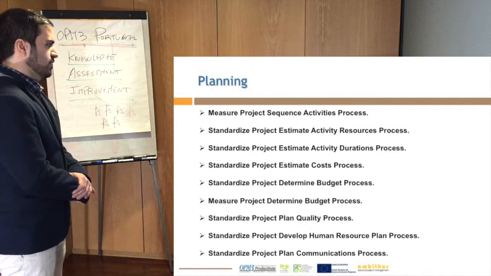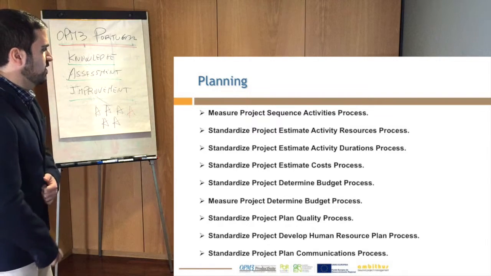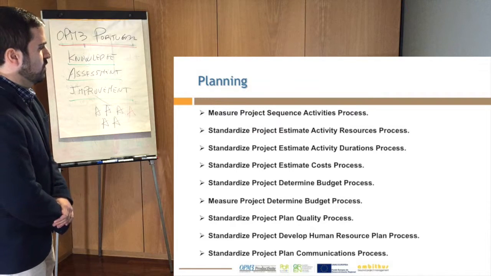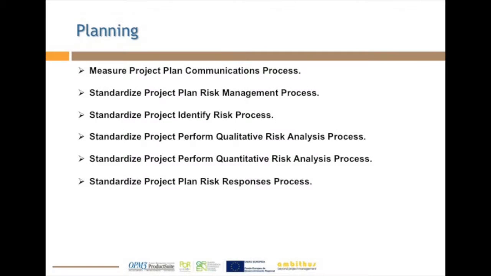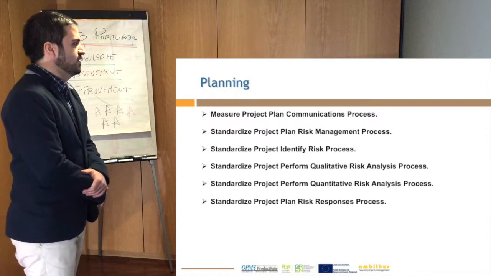For the quality process on the planning phase, as well as the development of the human resources plan, as well, again, with the communication process, we recommend to standardize all these three processes. Also, measuring on the plan communication, because in the IT sector, this process, the communication, is very important, and as it's actually part of all the processes, all the projects that are being developed by this sector.